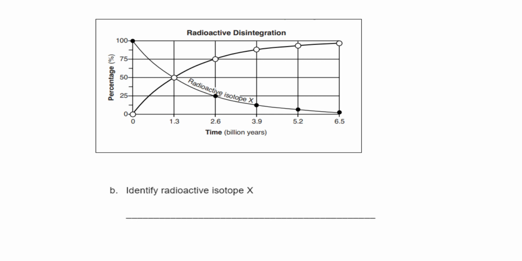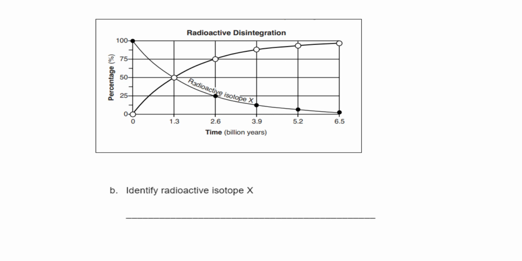To identify any radioactive isotope, all you need to know is its half-life. How long does it take for half of that sample to become stable? For this radioactive isotope X, we're starting with 100%, and for it to become half of what it is and turn into the disintegration product, going from 100 to 50, radioactive isotope X takes 1.3 billion years.